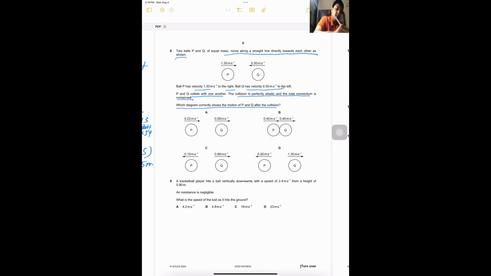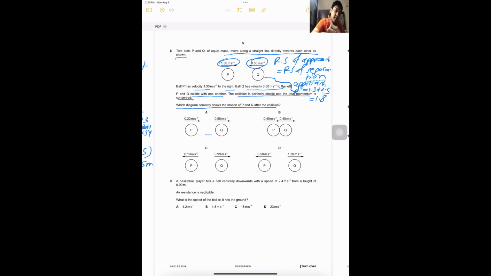Okay, so relative speed of approach is equal to relative speed of separation. Right, so what is the approach? Approach equals 1.3 plus 0.5 from this diagram. I'm just using the theory we know, that when two are going in opposite directions, as you can see, their individual speeds or velocities are added. We have to see which one in the options has 1.8. These are going in the same direction, so they definitely will not have 1.8.